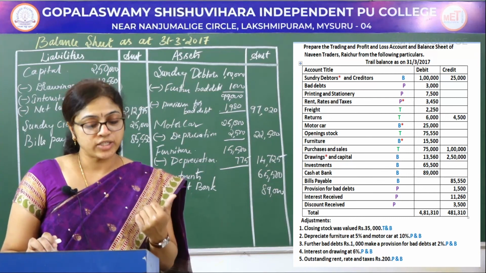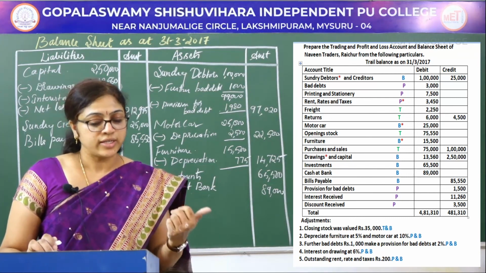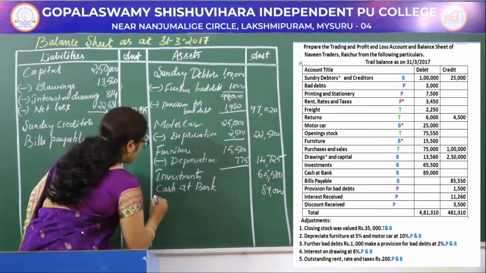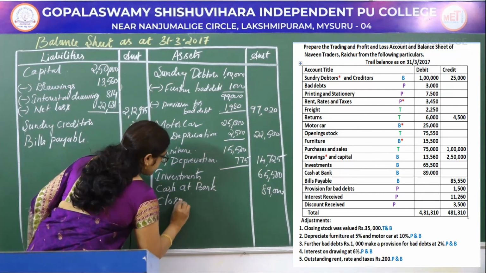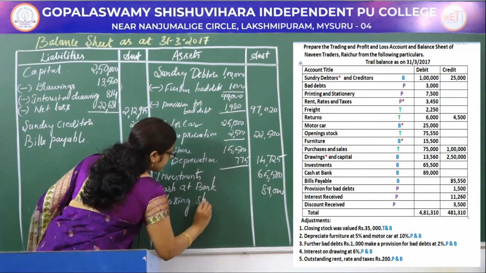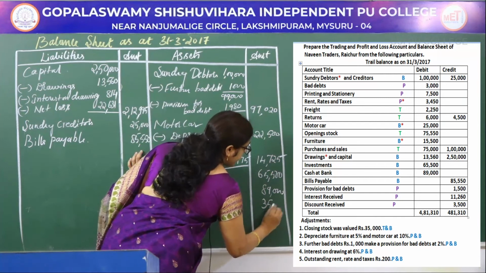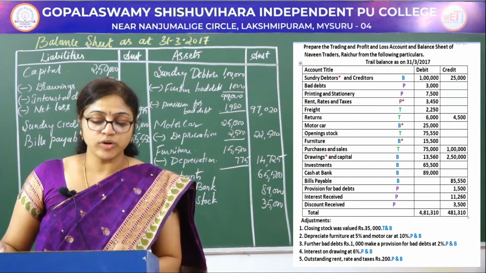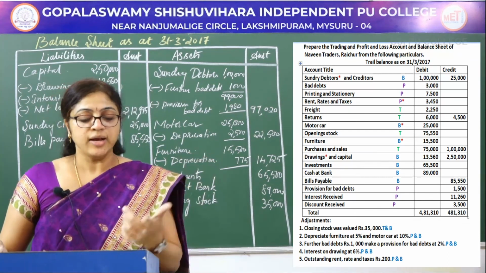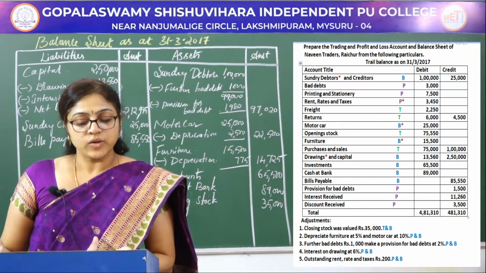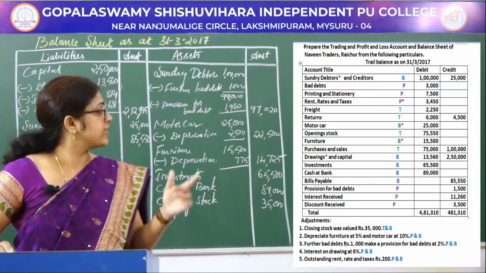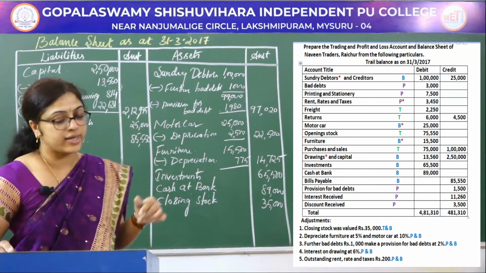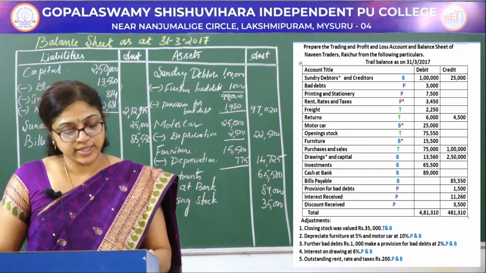So let us check the adjustment. Closing stock, it is not at all recorded here. Closing stock 35,000. Next, depreciation on furniture and motor car, that is already adjusted. Further bad debts 1,000, make a provision for bad debts, that is adjusted towards debtors, that is also adjusted.